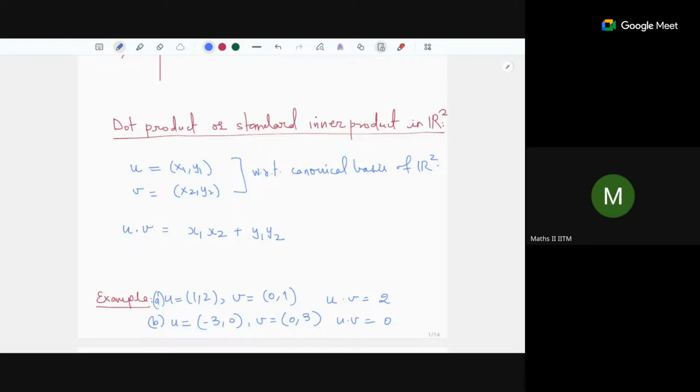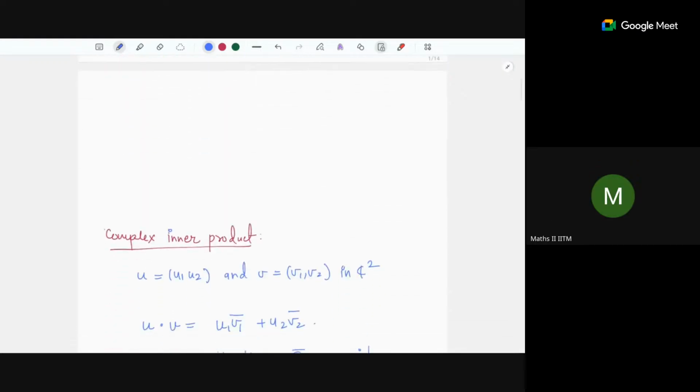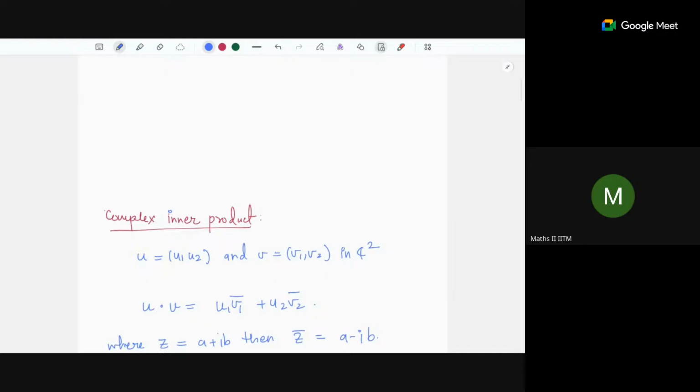Similarly, you can define the dot product for vectors in R2 or for vectors in C2. And how do we do that for complex vectors? This is called a complex inner product, or the standard inner product for complex vector spaces.